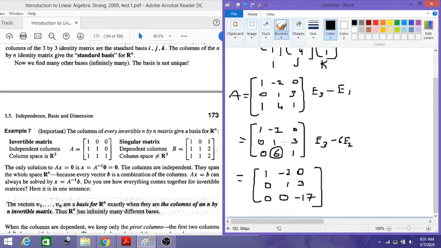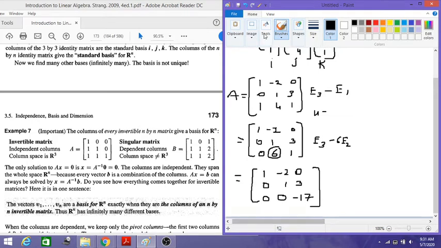We got these 4s, then we have 4 minus 4, it's 6, and this gets 4. So we have this minus 17. Okay, so let's see what we get here.